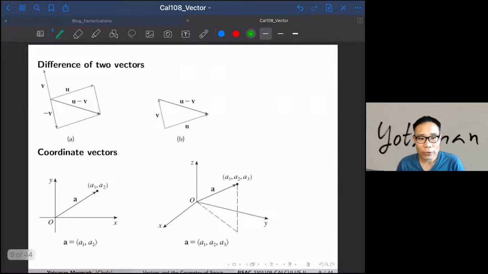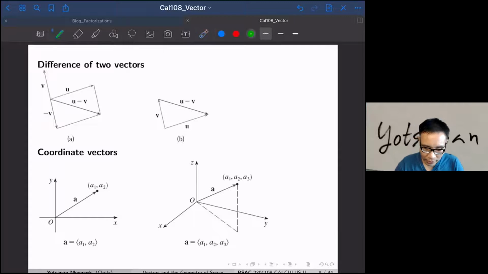We can find the difference between two vectors as follows. You have vector u and vector v, and if you want u minus v, you first take the opposite of v. So you have v here, and you want negative v, which has the opposite direction, and you just sum u and negative v.